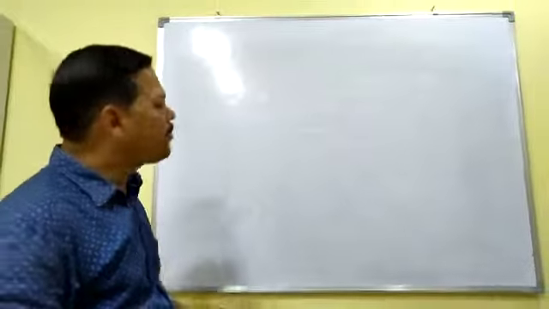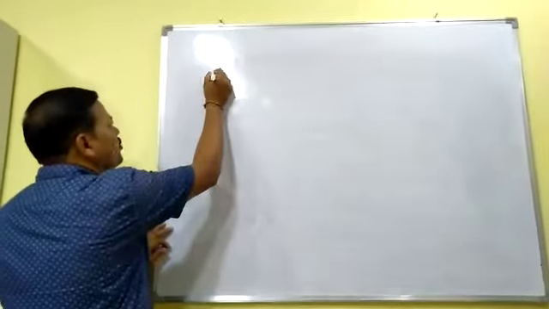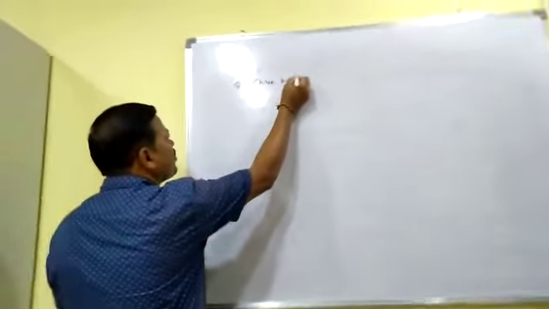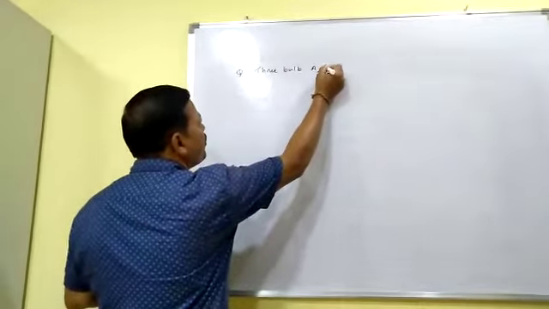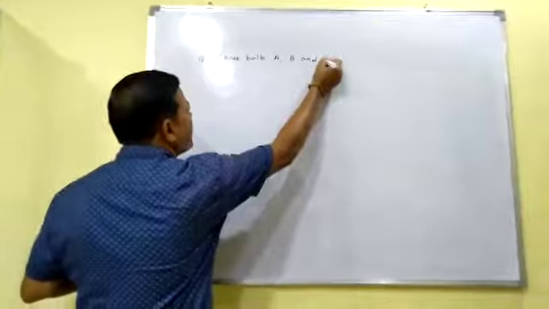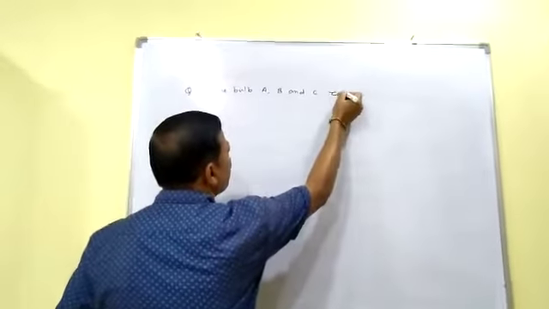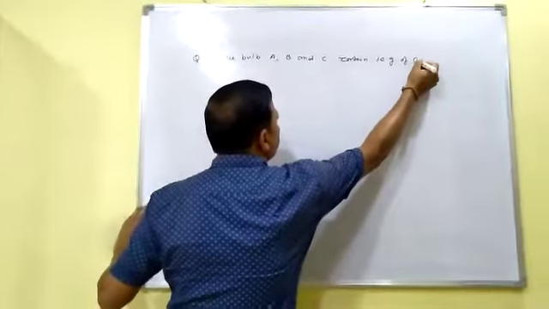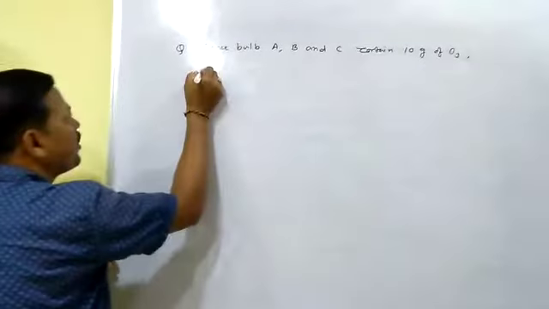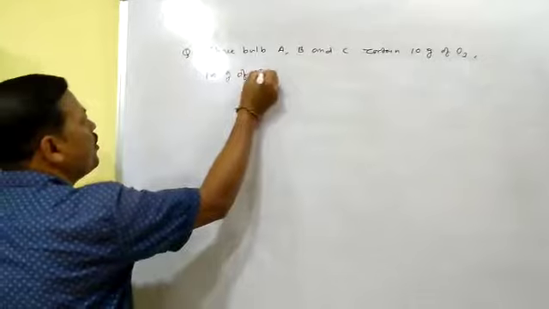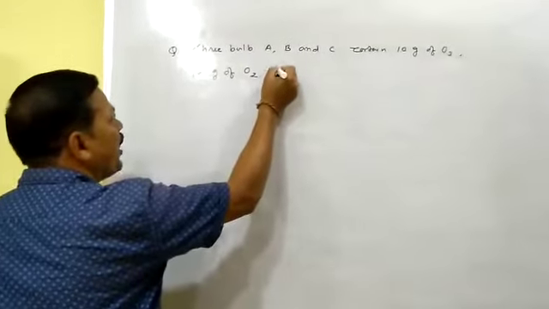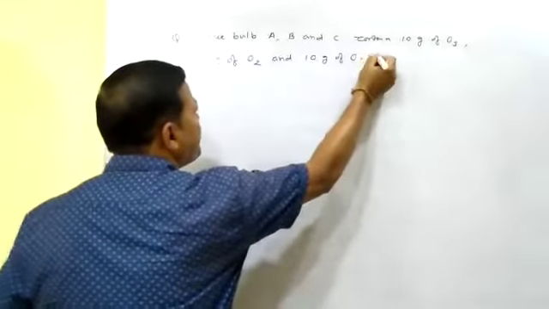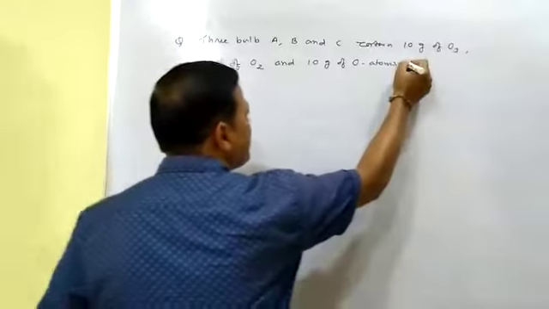One question I have given was: 3 bulbs A, B and C contain 10 gram of ozone, 10 gram of oxygen molecule O2 and 10 gram of oxygen atoms respectively.